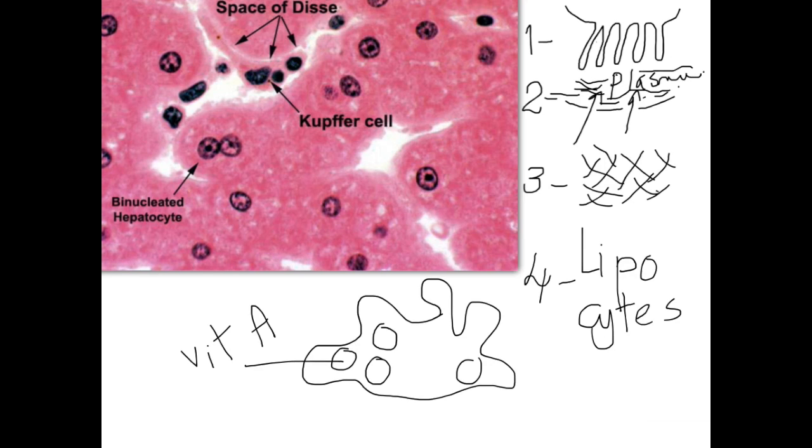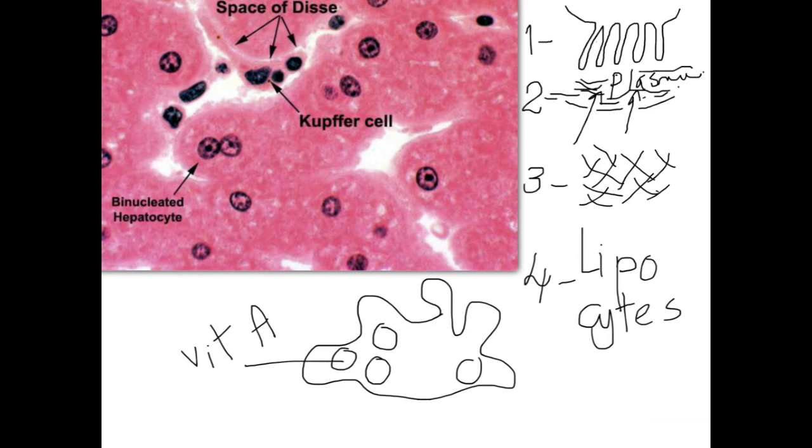So this perisinusoidal space, peri meaning around the sinusoid, or the space of Disse, named after the scientist who discovered it, is the space between the hepatocytes and the wall of the blood sinusoid. Hepatocyte here, wall of blood sinusoid here.